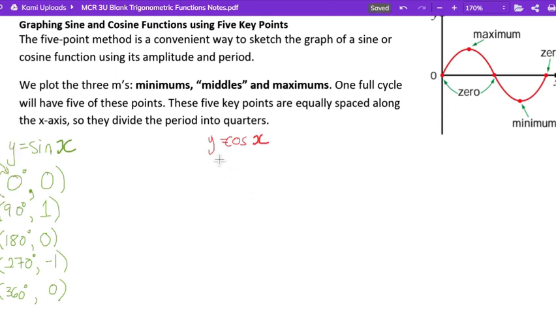So again, for cosine, we find key points every 90 degrees. And folks, the great thing is if you forget these key points, you don't need to memorize the unit circle. You can actually use your calculator. Just like, okay, I know it's every 90. What is cos of 0? Punch it in your calculator. I remember always mixing the two up.